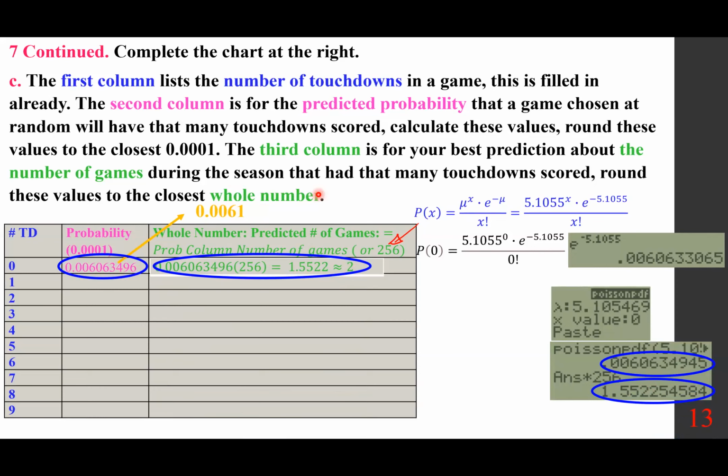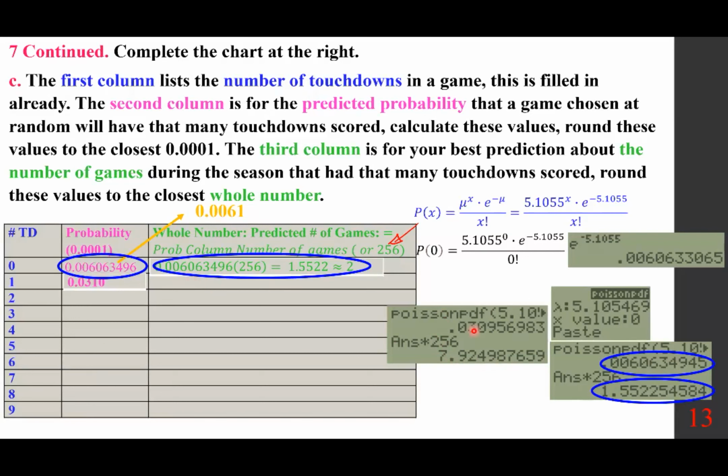And you do the same thing for number 1, and so on and so forth. So now change this to number 1, calculate it here. Change this to number 2, guys. I'm going to show you a couple more. For number 1, I don't have room to show you, and we put this number here, and then you multiply it by this, you get this one, you put it here and you round it.